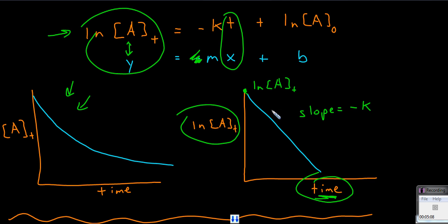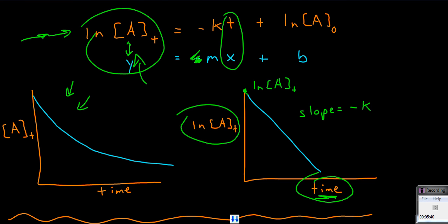This is important because later on we're going to be able to recognize what type of reaction we have, zero, first, or second order, by what type of graph gives us a linear form. You should recognize that this is the equation only for first-order reactions, and a straight line on the ln of At versus time graph means that we have a first-order reaction.